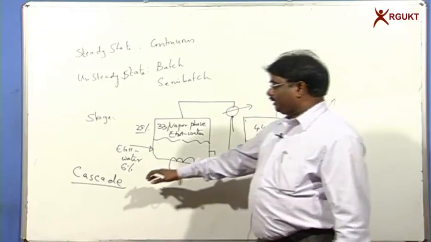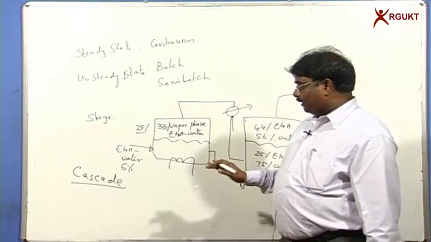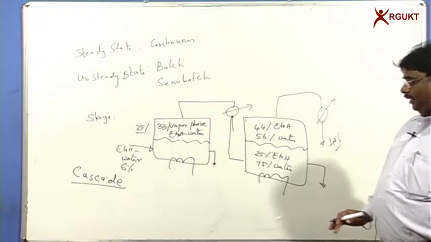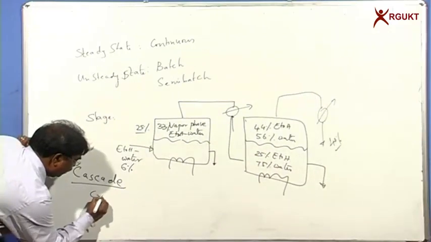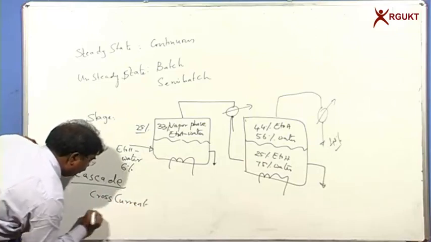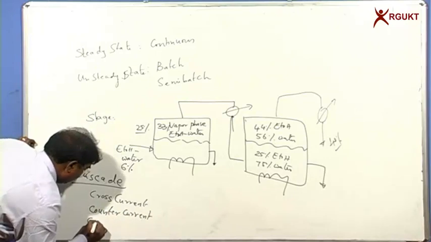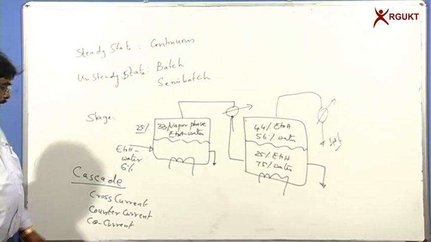We call it a cascade, and the phases flow from one stage to the other. In cascade systems, we may have three types: a cross current, a counter current, and a co-current.